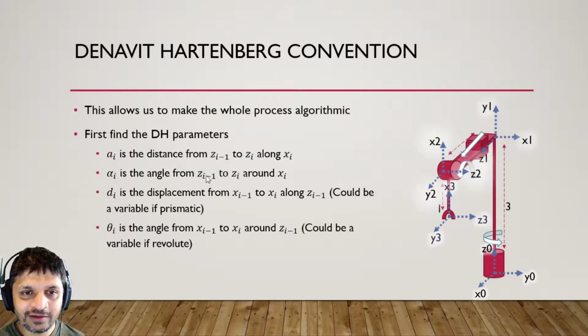Alpha i is the angle around x that we need to rotate our previous axis to make it align with our current axis. So if we look at it here, our previous z is pointing up, and our current z is pointing out of the screen. So we need to rotate around this x to make this z align with this z, right?